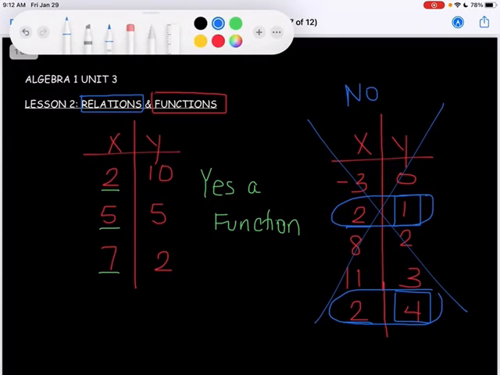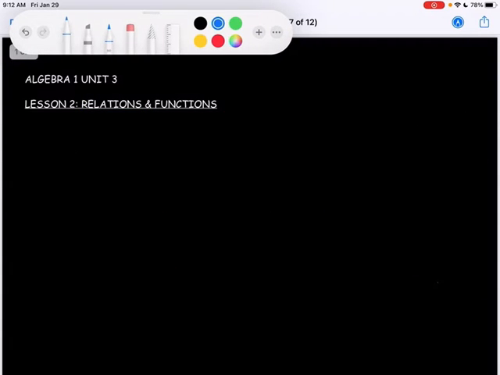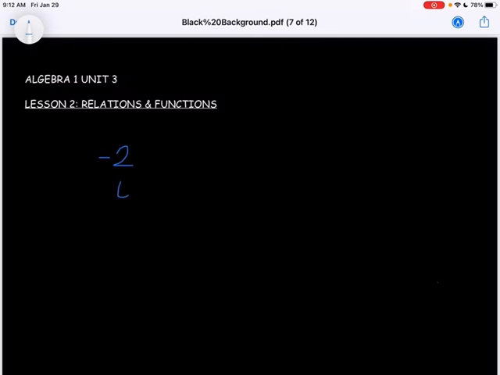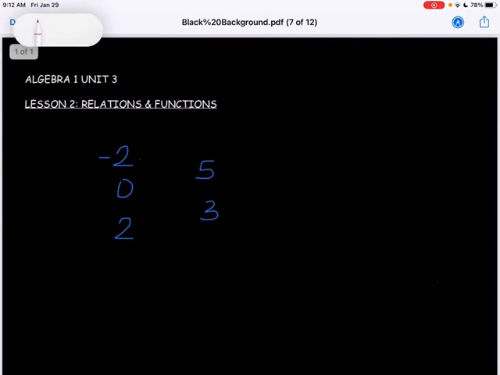Another way they may present this is, let's say we have, okay, so if we have this and it says that -2 matches up with 5, 0 matches up with 5, and 2 matches up with 3.